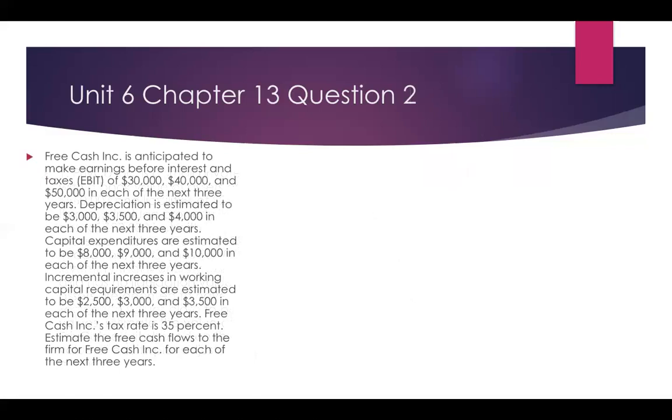All right, so questions 2 through 5 all are related. To get started, we have Free Cash Inc., which is anticipated to make earnings before interest and taxes, EBIT, of $30,000, $40,000, and $50,000 in each of the next 3 years.